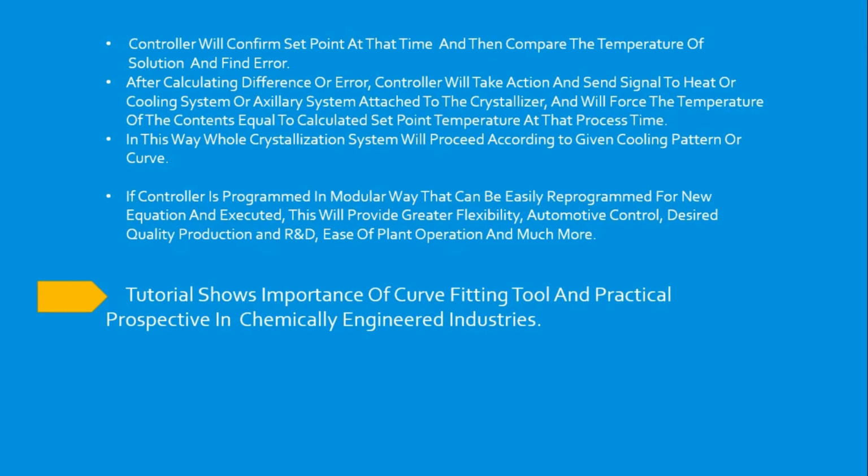The controller will confirm the set point at that time and then compare the temperature of the solution and find the error. It will find the difference between the set point and the temperature of the solution kept in the vessel, and then it will take action to bring that temperature of solution to the desired set point, and it will activate the auxiliary cooling or heating system attached to the process equipment.